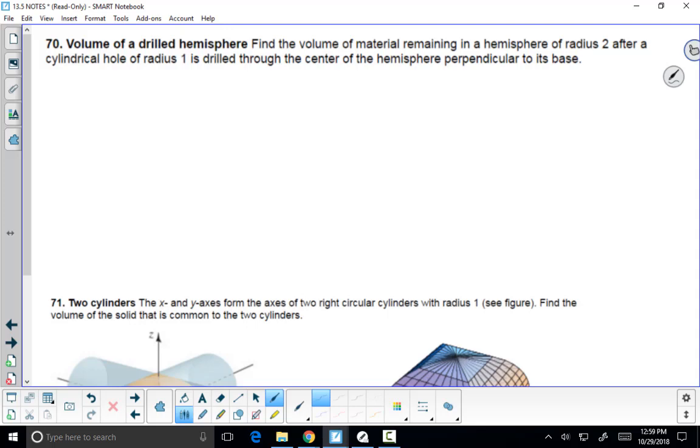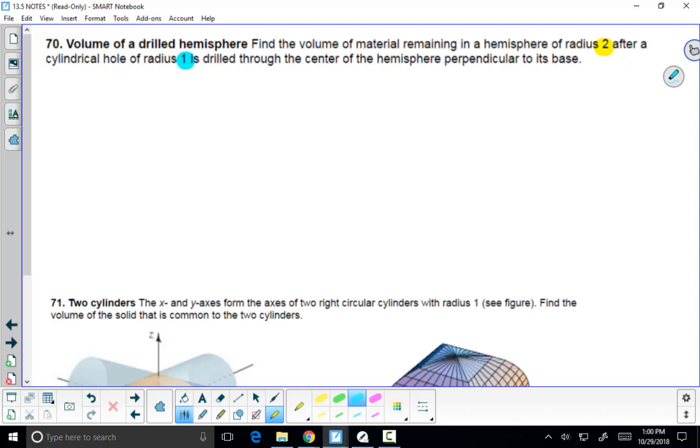All right, so this first question that we're going to do in 13.5, number 70, we've got a hemisphere, and the radius of that hemisphere is 2, and we are going to drill a hole in this hemisphere of radius 1, and we want to find the volume of what's left. Okay?